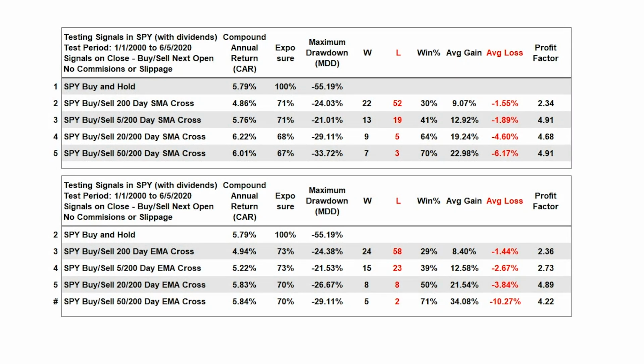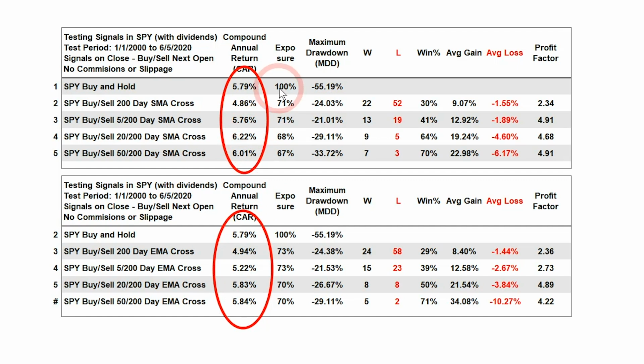So I also tested the EMA crosses as well, just to see how they compared. And a couple items to note. So here are the SMA returns, and we go from 4.86 to 6.01. And there you can see the EMA returns go from 4.94%, just higher, but then lower than the comparable SMA returns that we saw just above there.